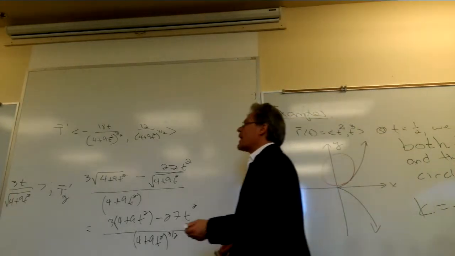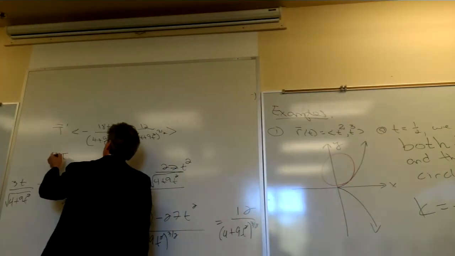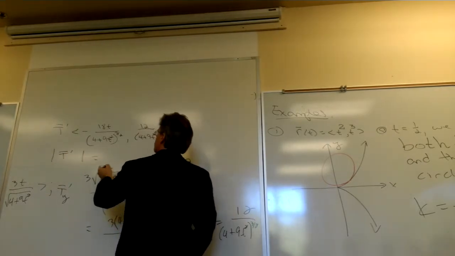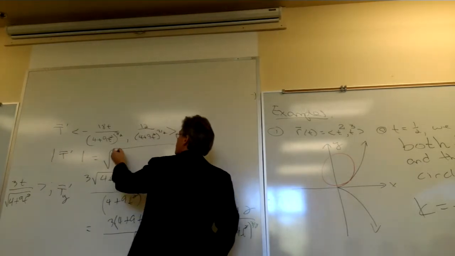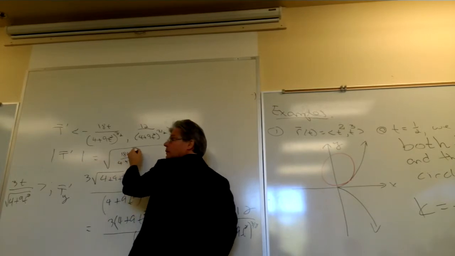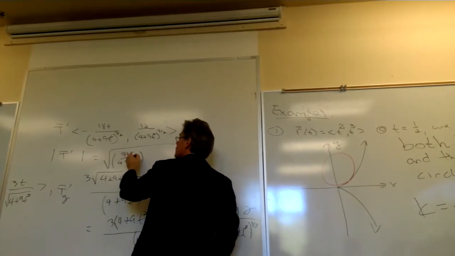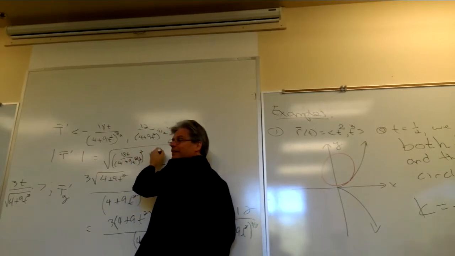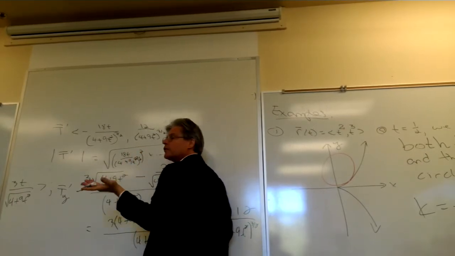To compute the magnitude of t bar prime, I'm going to get a square root of this thing. Don't you think it's just too much work? Can I just cheat?